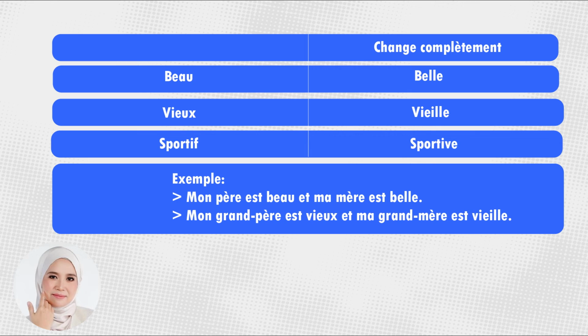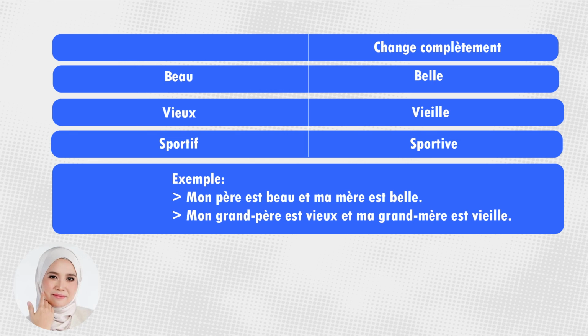It doesn't stay the same at all. Okay? So, beau becomes belle. Vieux becomes vieille. Sportif becomes sportive. Alright? Now again, beau here means handsome, belle beautiful, vieux means old for a man, vieille here means old for a lady, sportif here means very sporty, and sportive here is for a female person. I'm describing a female person.